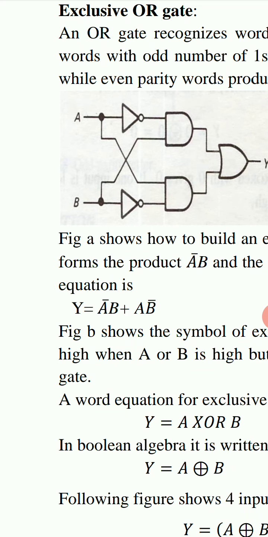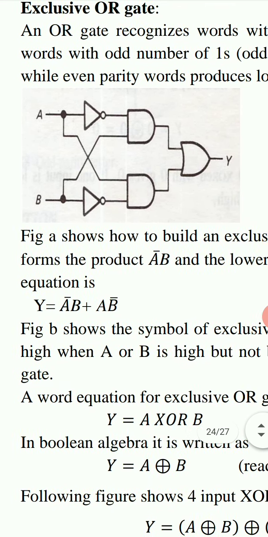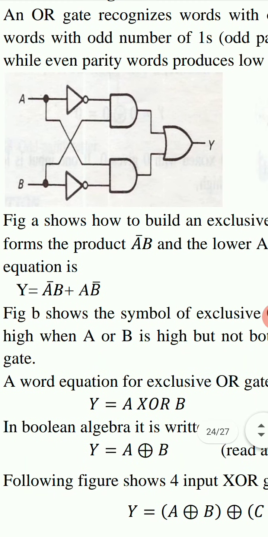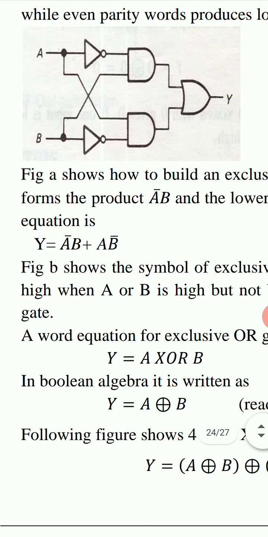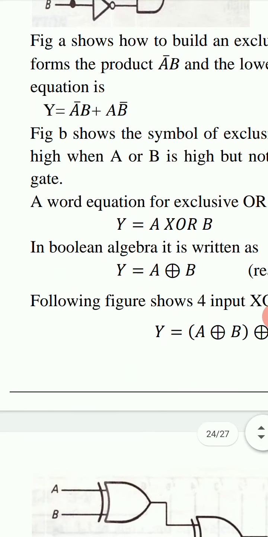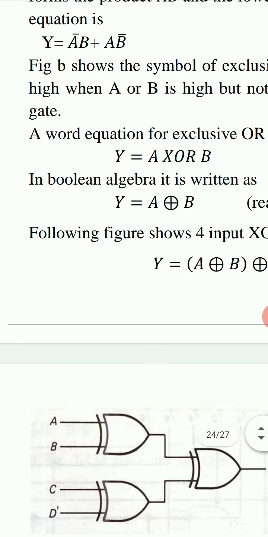So outputs of two AND gates are A bar B and A B bar, and these two outputs are given to an OR gate, and output of this OR gate now will be Y equal to A bar B plus A B bar.